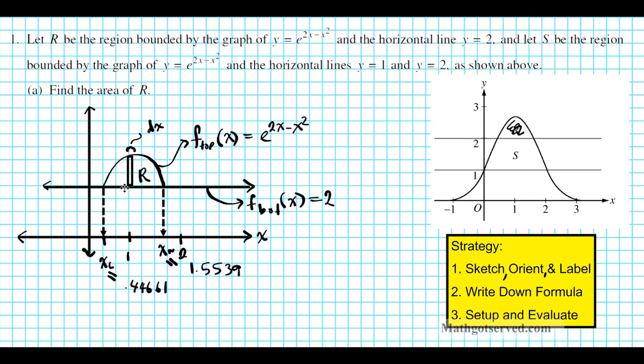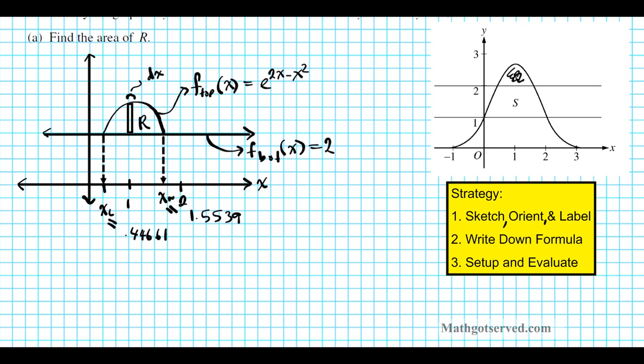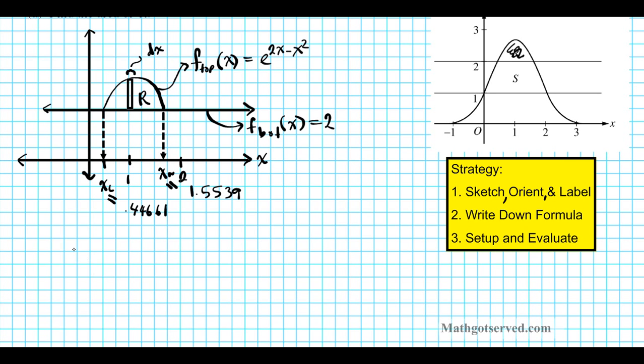Okay, now we've sketched the graph of the region that we want to find the area of. We've oriented our slice, and we've labeled everything that we need to label. Next thing we're going to do is write down the formula. It's very important you write down the formula first. So in this case, we're looking for the area.